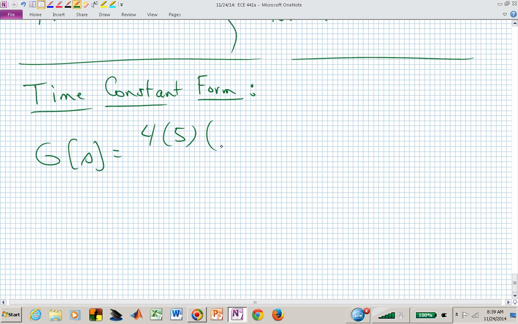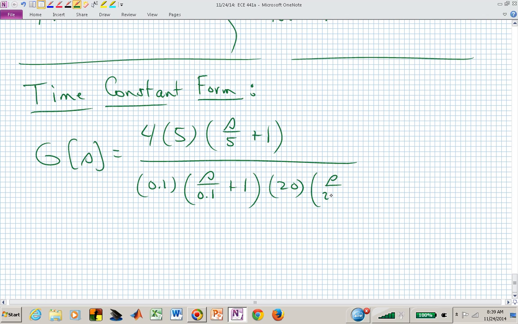If we factor out a 5 from the numerator, we've now normalized that constant to 1. Downstairs, we can factor out the 1/10 from the first factor, and we can factor out the 20 from the second factor.